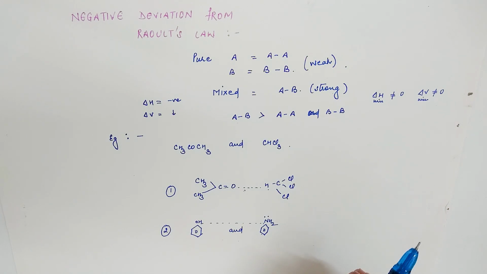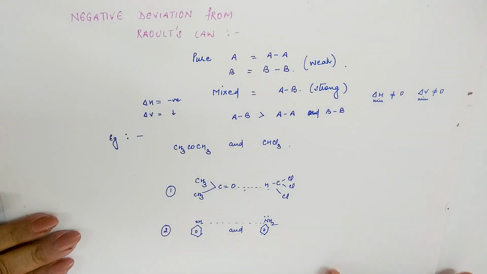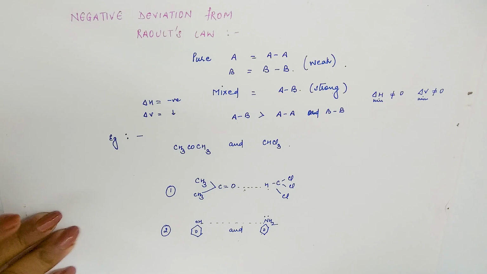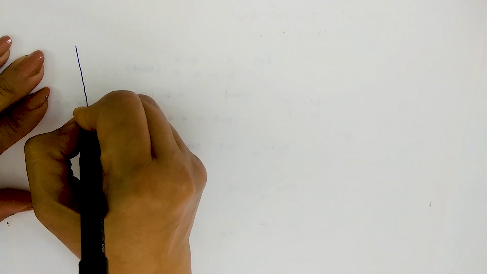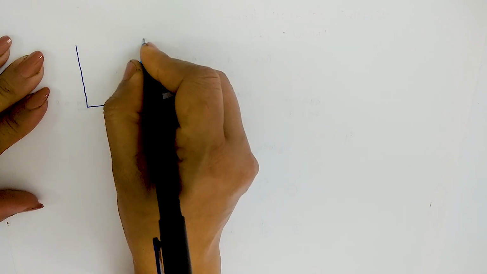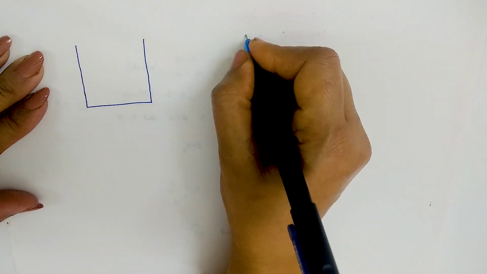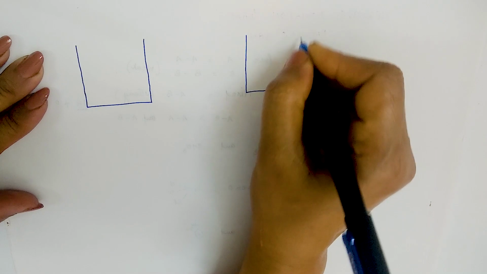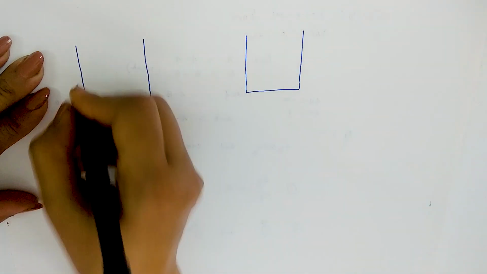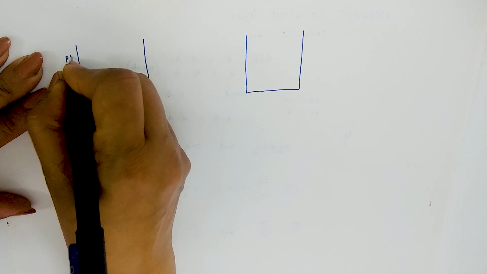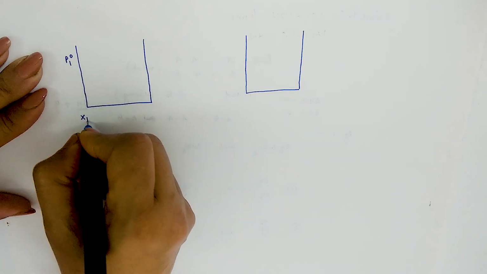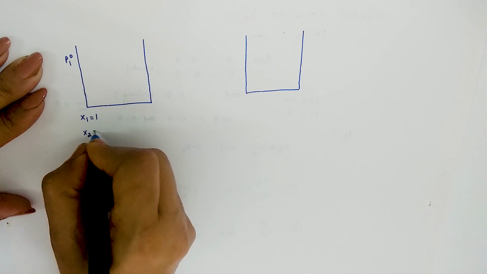Now, let me explain this by the graph also. You remember the graph we plotted for Raoult's law. The plot which we have made: suppose this is P1 naught, where x1 is 1 and x2 is 0.